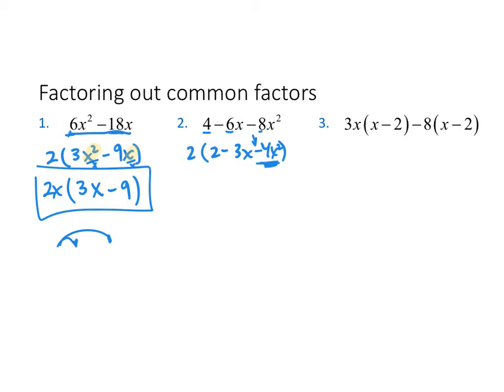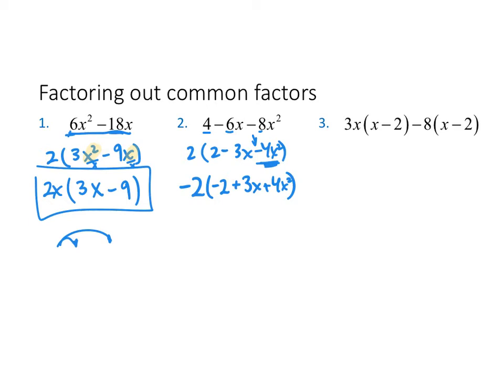So instead of just taking out a 2, let me take out a negative 2. If you take out a negative, it's like dividing by negative 1, so everything just changes sign.